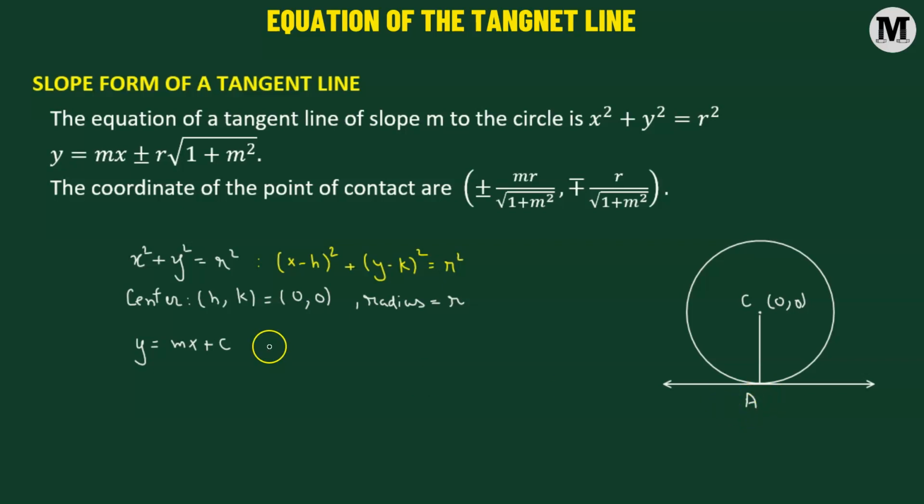Now we'll rewrite the equation of the line in the standard form, that is ax plus by plus c equals 0. So we're going to get mx minus y plus c equals 0.